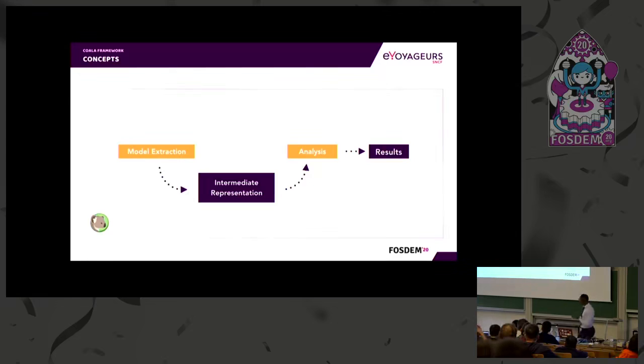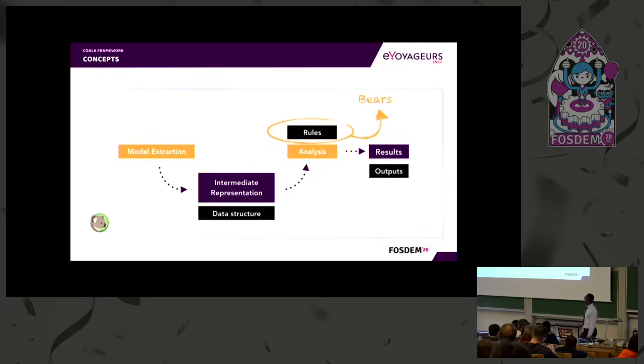If we zoom out into the main goal of Coala, as I said, you have data structures. For analysis, we have rules that also call routines. In Coala, they call them bears. It's the way you implement your algorithm to do static code analysis. And after that, the produced result could be in two forms, outputs and actions.